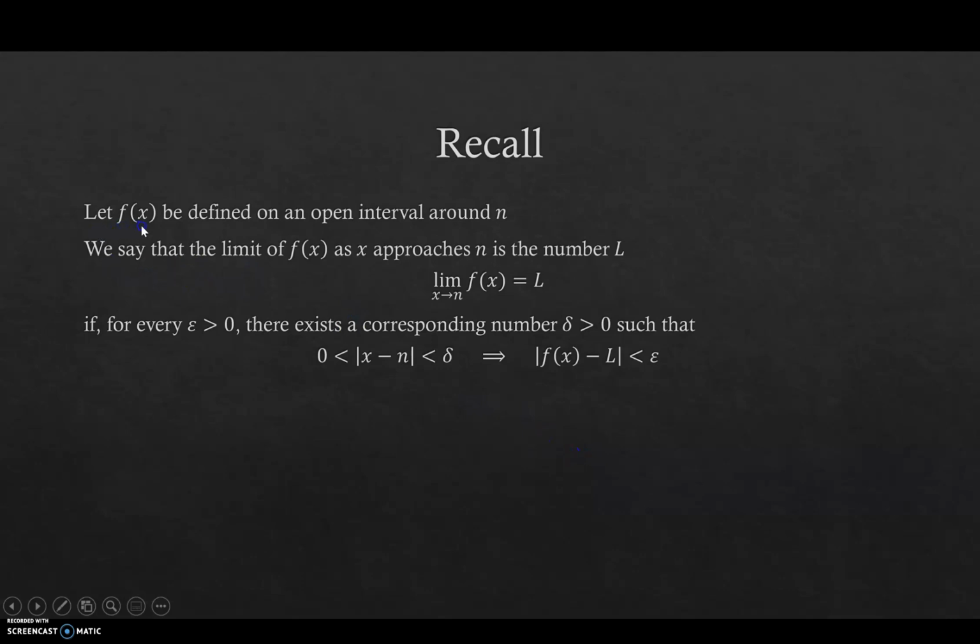So the limit is f of x, our function, is defined on an open interval around n. We say that the limit of f of x as x approaches n is the number L, and we use this notation, if for every epsilon greater than 0, every small positive distance, there exists a corresponding number, delta, also a small positive distance, such that if x minus n is between 0 and delta, this implies that f of x minus L is less than epsilon.